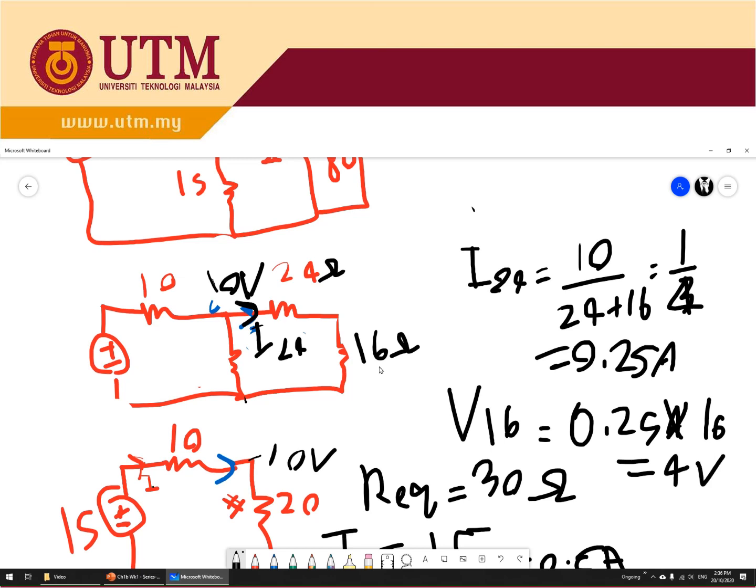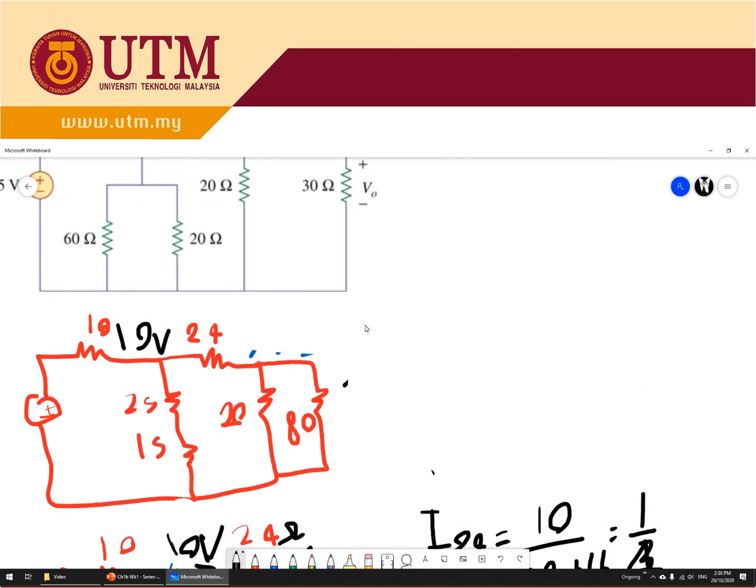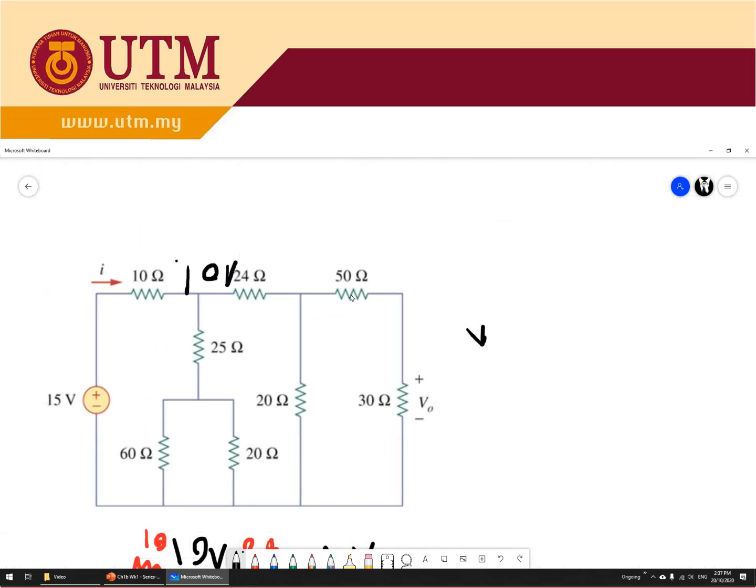So the voltage across here is 4 volt. This one is also 4 volt, and this one is also 4 volt.